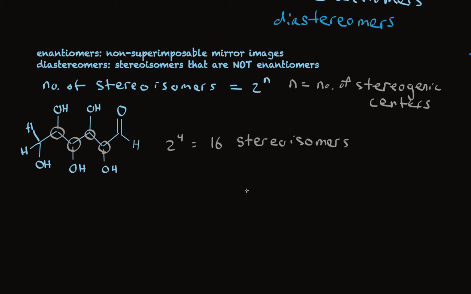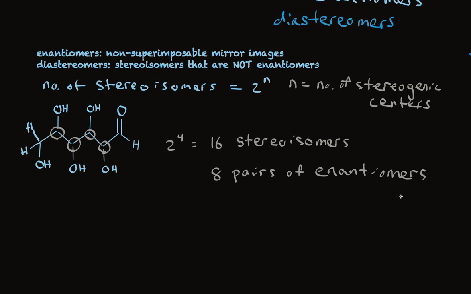And as it turns out, these will come in pairs of mirror images that are not superimposable. So there are actually 8 pairs of enantiomers. Any other 2 that we compared we would call diastereomers, but there are special pairs that are mirror images, and they're enantiomers. And there are 8 of those pairs if there are 16 stereoisomers.